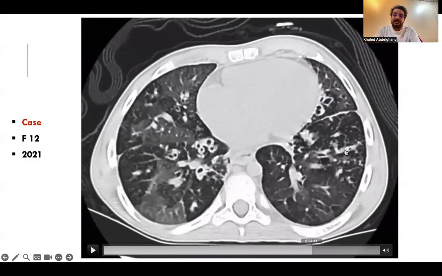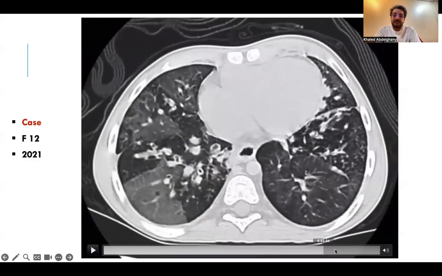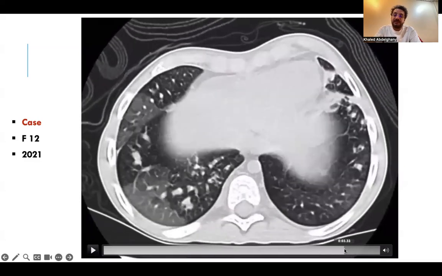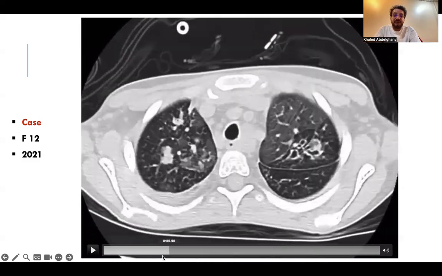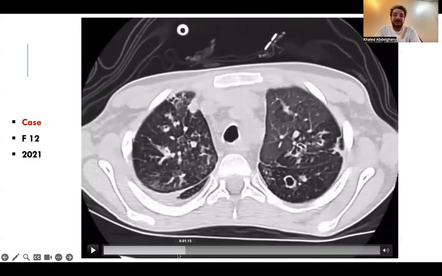Here, left lower lobe, right lower lobe, tree-in-bud, mucus plugging again. All these are mucus plugging: dilated bronchi filled with mucus. But I think you agree on the predominance of the findings in the upper lobes.